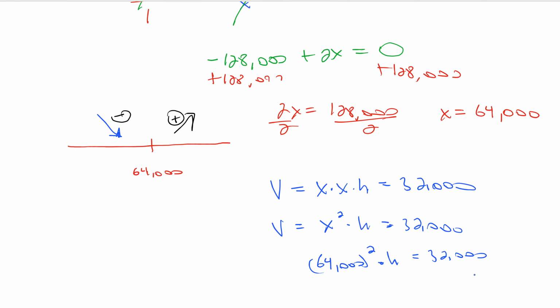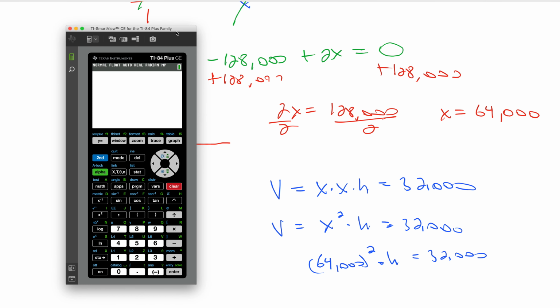Now we can just solve. So take our calculator, go over here, 32,000 divided by 64,000 squared. We're isolating h. That's a crazy number there.